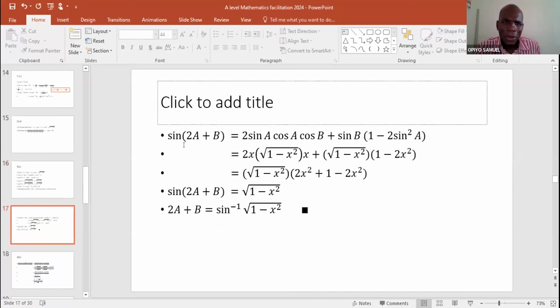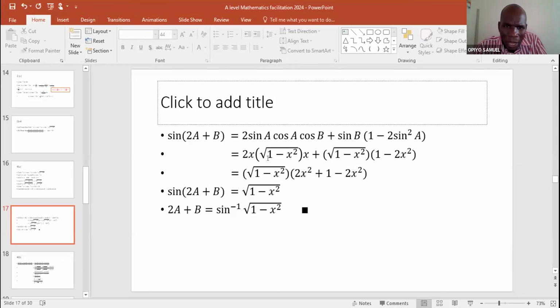So sine of 2A plus B becomes 2 sine A cos B, then times cos A times cos B again. Then this one will be sine B into 1 minus sine squared A. So when we substitute, you remember these values where we got them earlier on. We substitute.